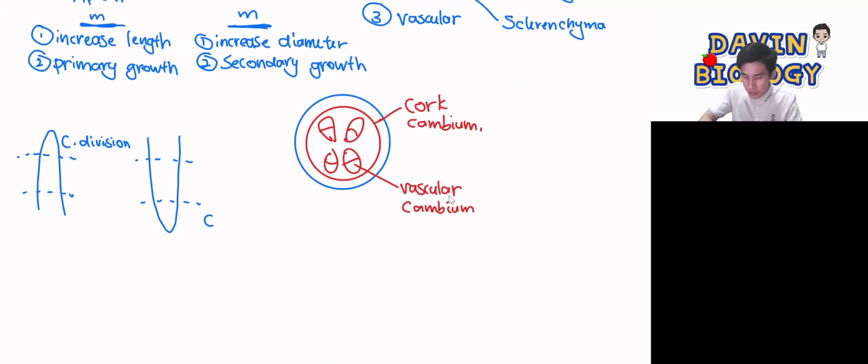For the root, it will start from the bottom. Root will start from the bottom, shoot of course starts from the top. Basically in this zone, the cells keep on undergoing mitosis, so they can grow. Now, as they grow longer, the cells then have to start to become bigger. So the next zone is what we call the zone of cell elongation.